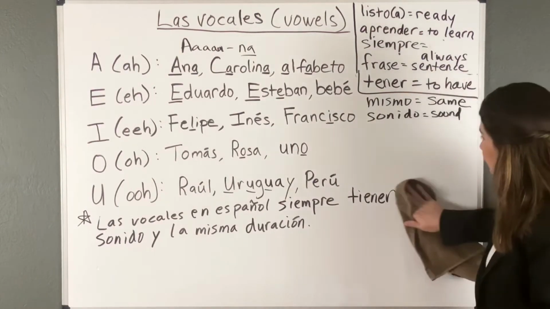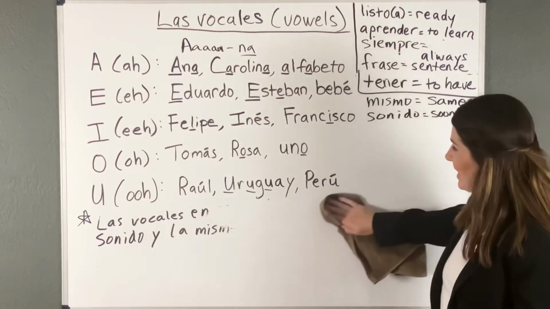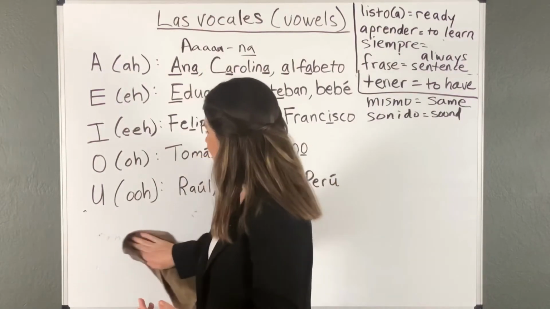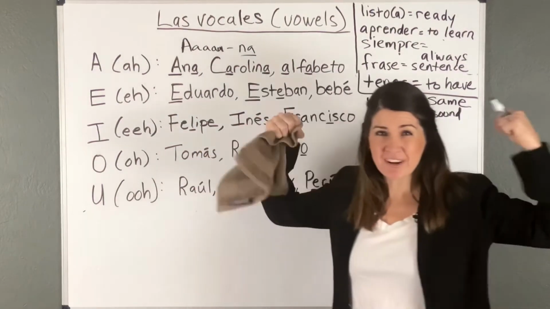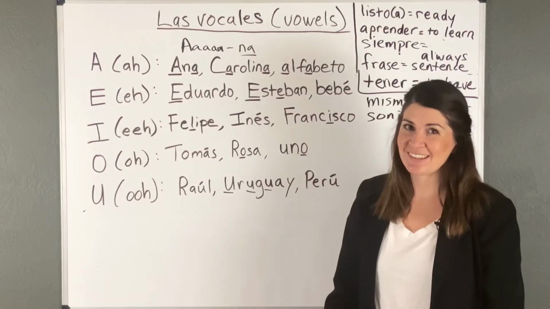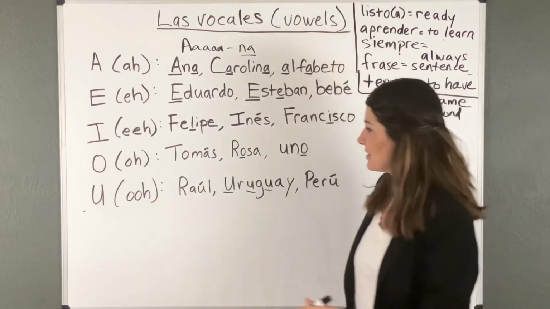Ahora vamos a explorar, another cognate, explorar, las vocales fuertes y las vocales débiles. So strong versus weak vowels. There's two categories.